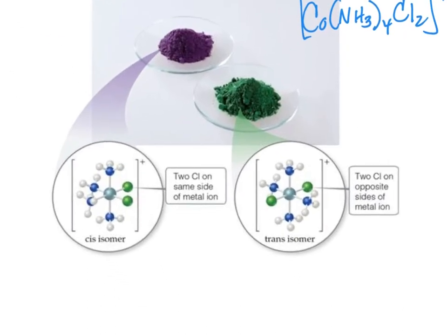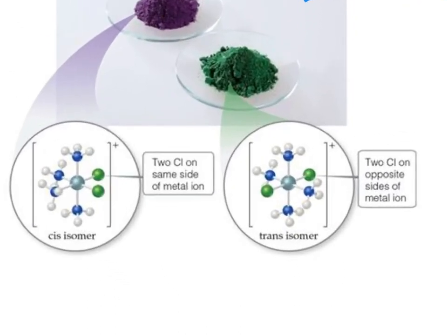What he found, I don't know if this was the same paper, is that there are two different isomers that are formed in this cobalt complex.